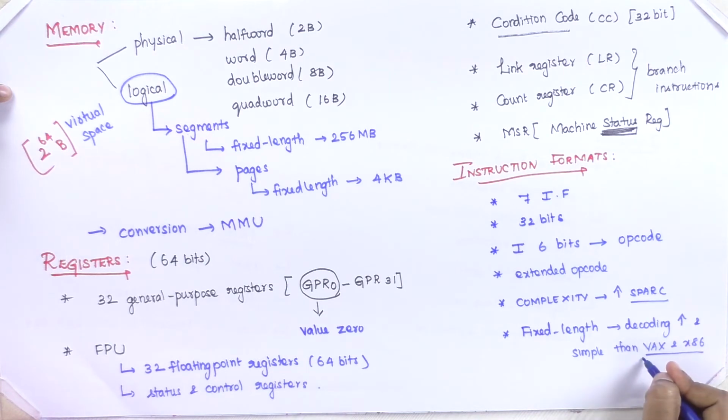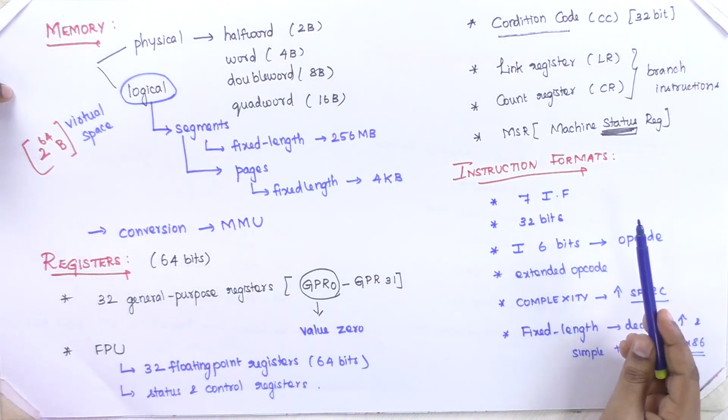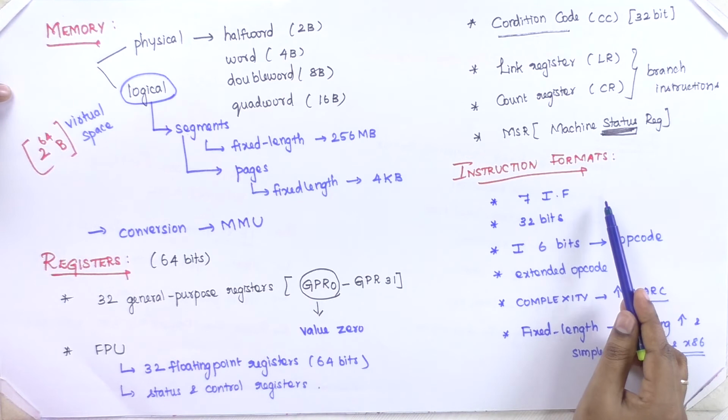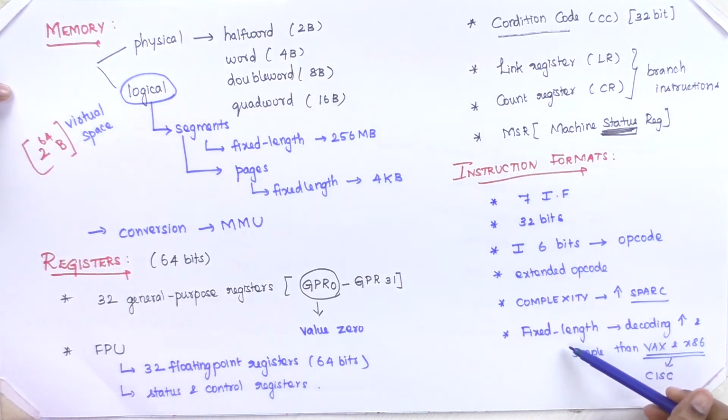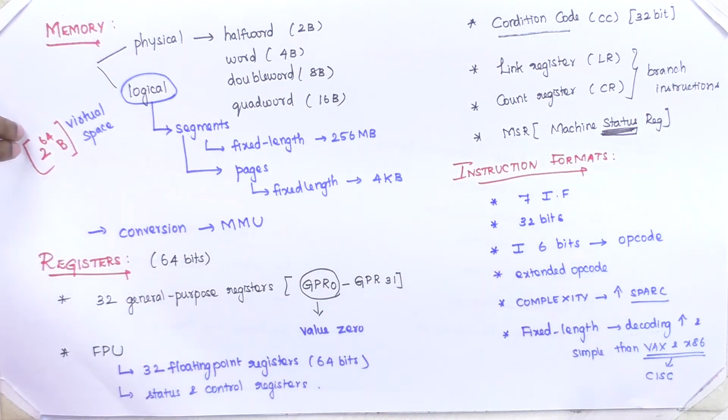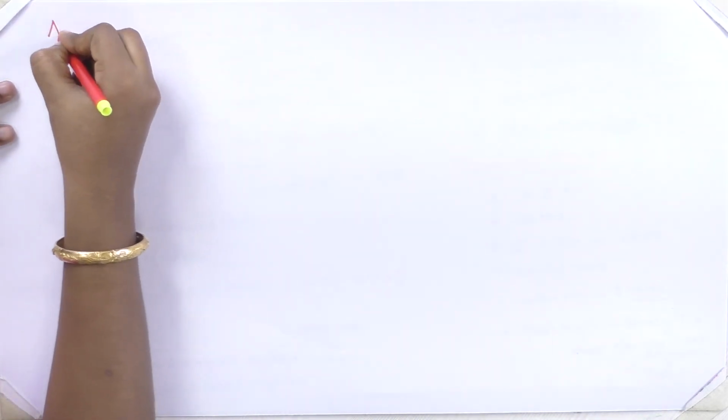VAX and x86 architecture come under the CISC family, whereas in RISC architecture and under PowerPC, all the instruction formats are fixed length. Decoding is the conversion of our higher level language to the machine level language. That decoding process will be very much faster and simpler than in VAX and x86 architecture. So, that is all about instruction formats. Next hardware feature is addressing mode.